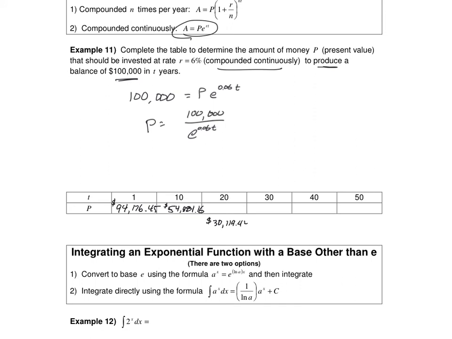For 30 years, if I started with $16,529.89. For 40 years, if I started with $9,071.80. And then for 50 years, if I started with $4,978.71.